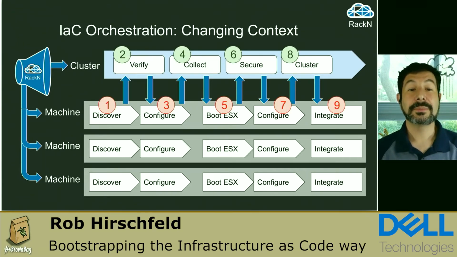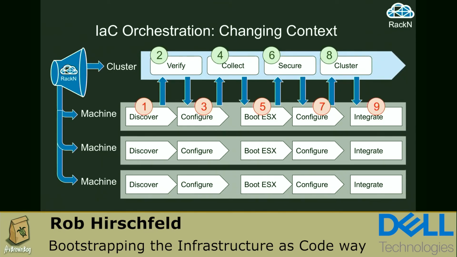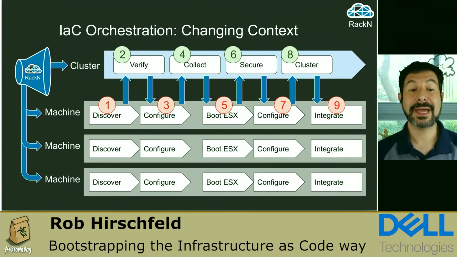And then finally, one of the most head-shaping things that we've had to learn in this is that building infrastructure as code means that you have to cross context boundaries. So in the work that we're doing and the thing that we found to be really powerful in making it all come together is this idea that I can bounce my context back and forth. I can do work in a machine. I can pull up to a cluster level, verify that things are right, return back to the machine.